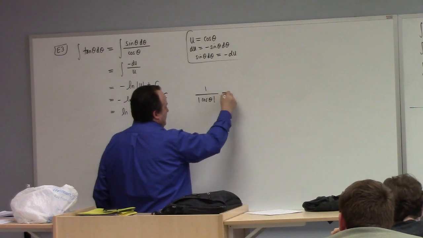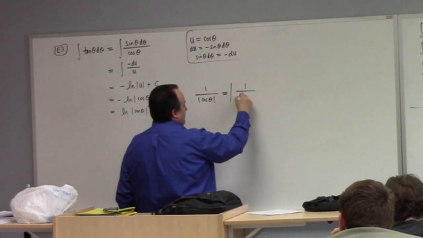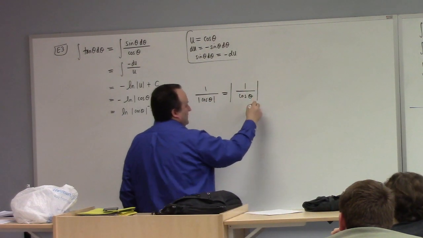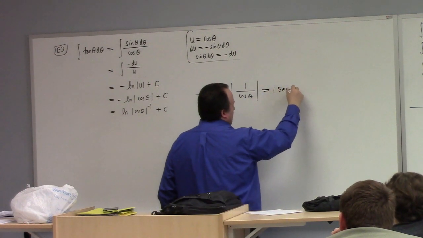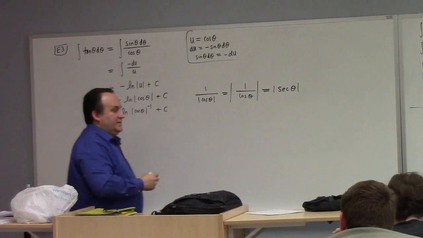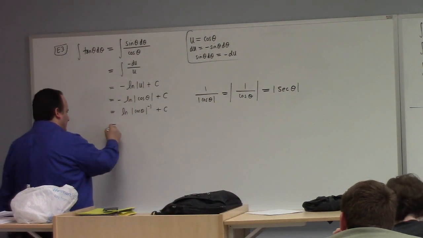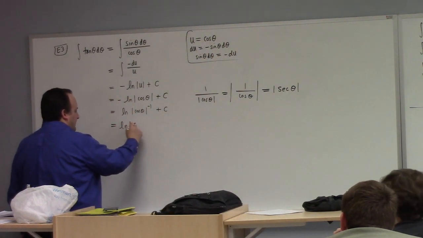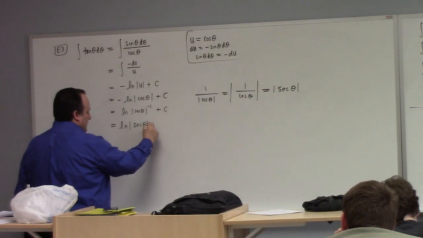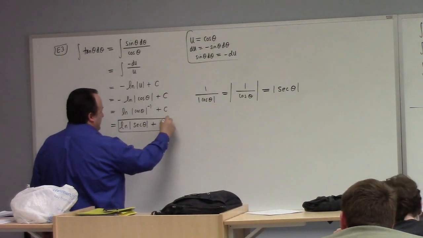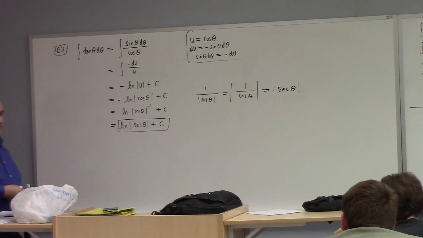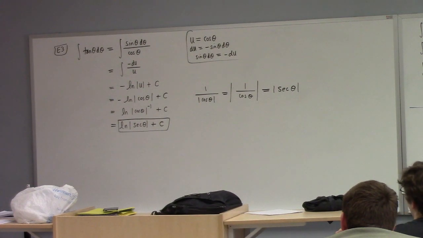That's also equal to the absolute value of 1 over cosine theta, which is the absolute value of secant theta. So the standard way to write this answer is the natural log of the absolute value of secant theta plus a constant. But honestly, folks, if you want to write it as minus the natural log of the absolute value of cosine, I am not bothered by that. I'm just telling you, people use this a lot. Okay?